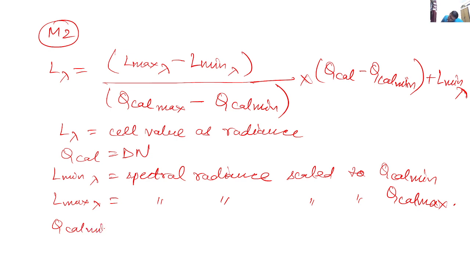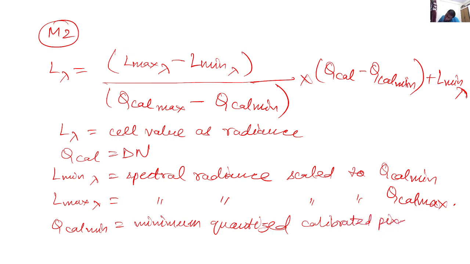Q cal min is the minimum quantized calibrated pixel value, which is typically equal to 1.